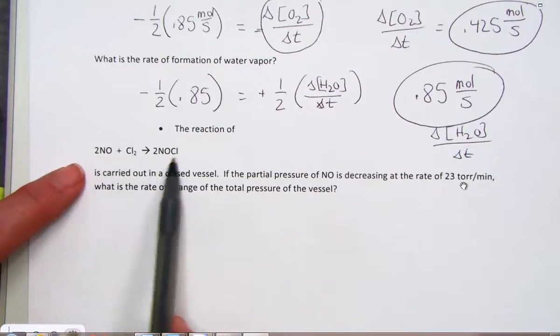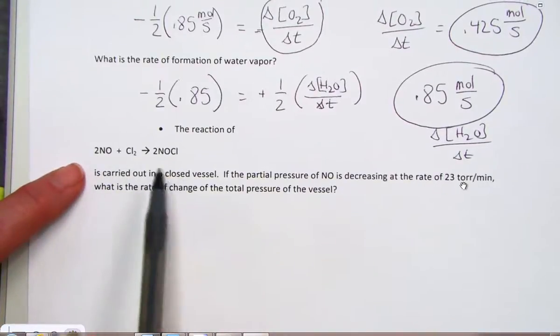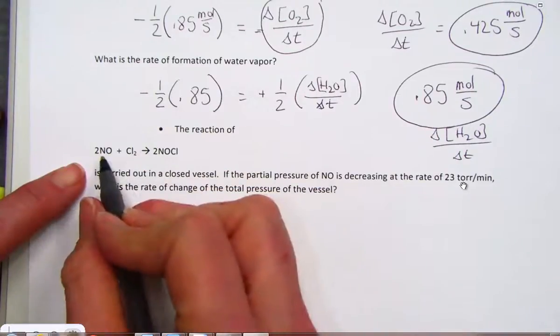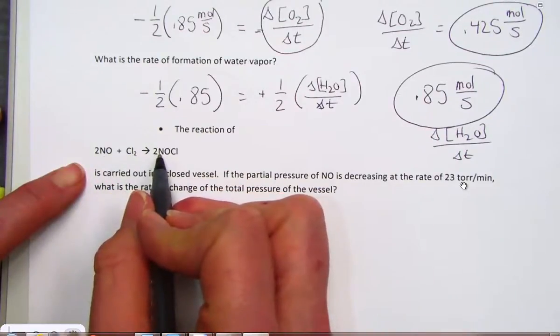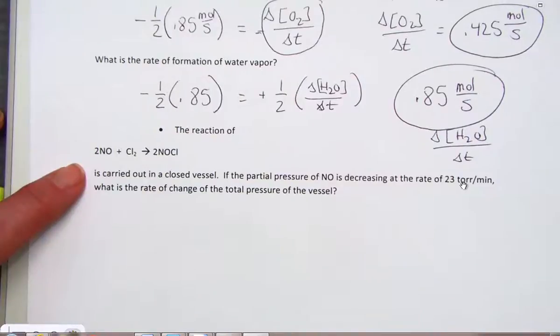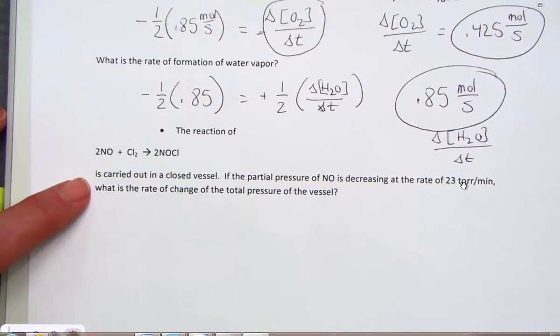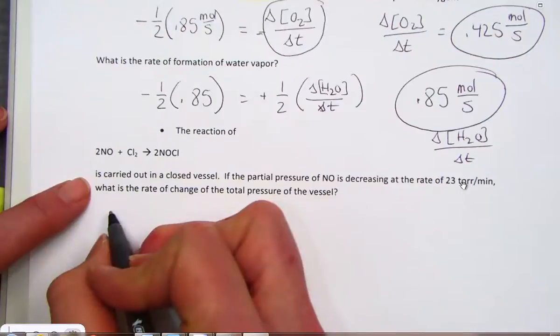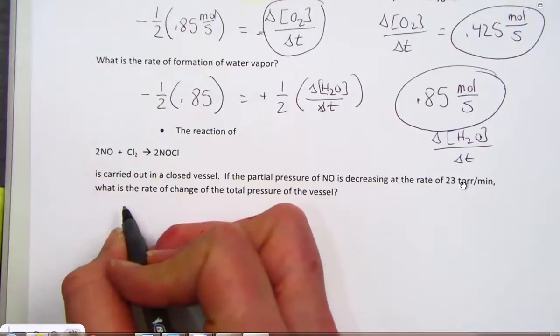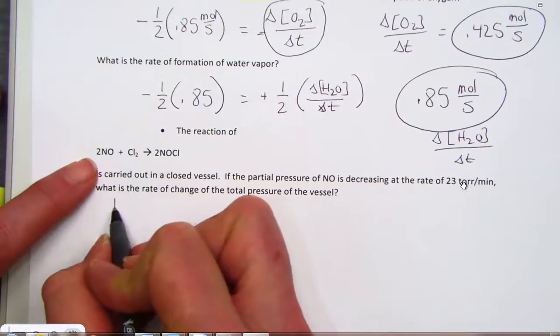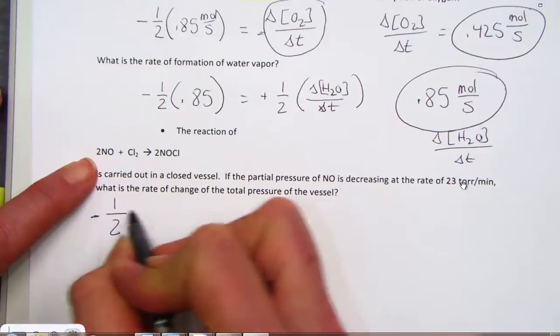Here we have a reaction that was carried out. 2 NO plus Cl2 make 2 NOCl. Carried out in a closed vessel. If the partial pressure of NO is decreasing at 23 torr per minute, what is the rate change of the total pressure in the vessel? Let's start by thinking about the stoichiometry. So 1/2, and it's disappearing.